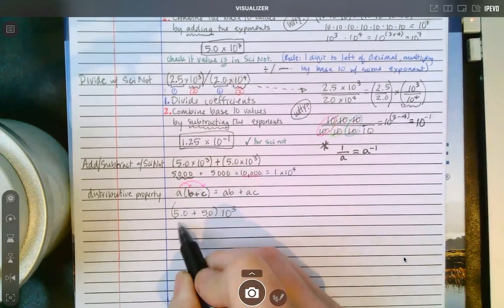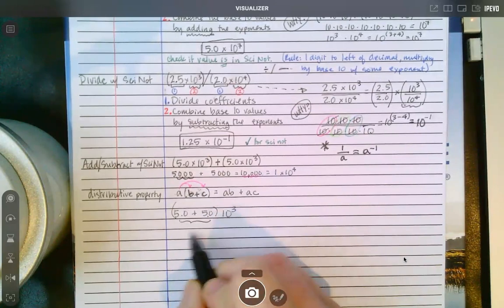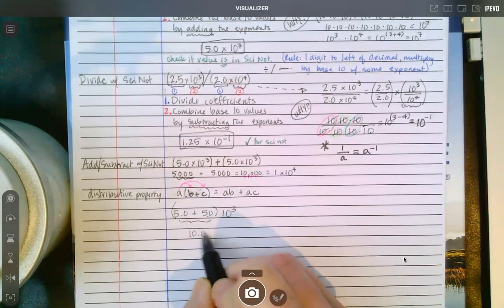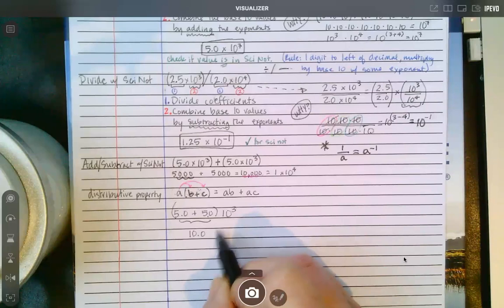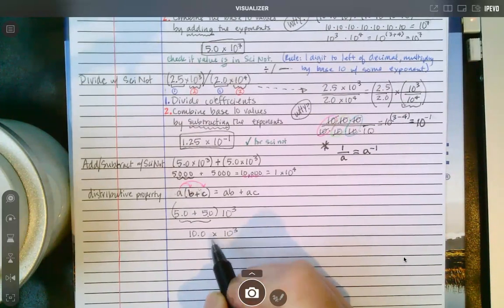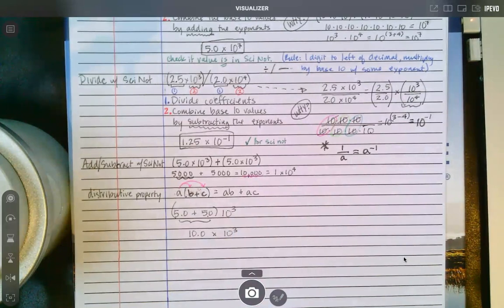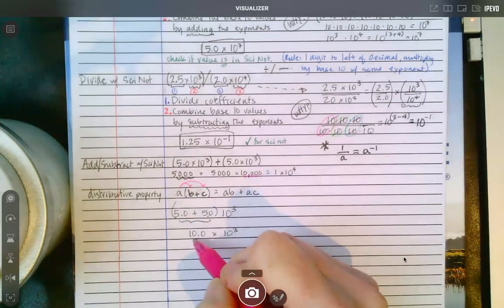That means now I can do this math. So now I know this is 10.0, and I'm multiplying that by 10 to the third. So now I've gone almost back into scientific notation. However, I need to move this decimal one spot.